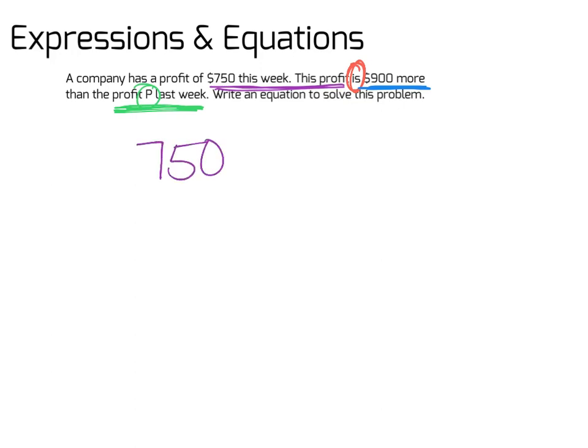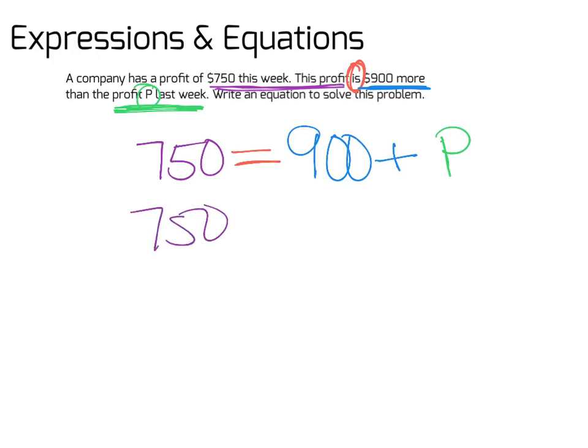This profit is, so "is" is going to be the equal sign. 900 more means addition than last week's profit, which I don't know, so I'm just going to put plus P. So your equation reads 750 equals, and you could have done P plus 900. Either way, this would be right. But this is how you would set up the equation.